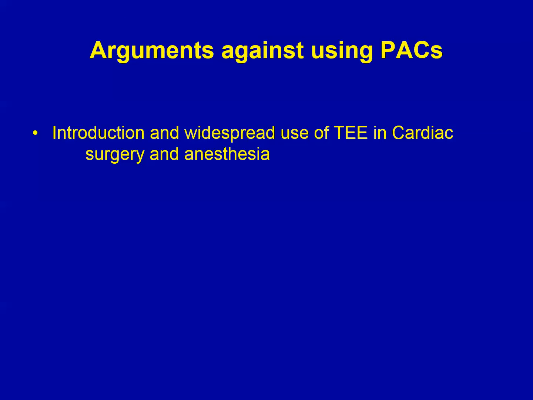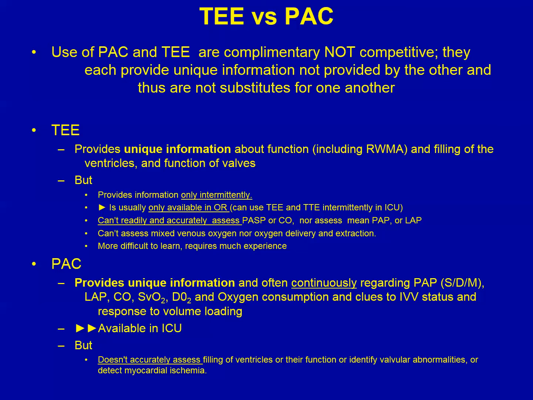A final argument is that since we use the TEE in cardiac surgery and anesthesia, we don't need the pulmonary artery catheter. In my opinion and others, the use of pulmonary artery catheter and TEE are complementary, not competitive. Each of these provides unique information not provided by the other, and thus they are not substitutes for one another.